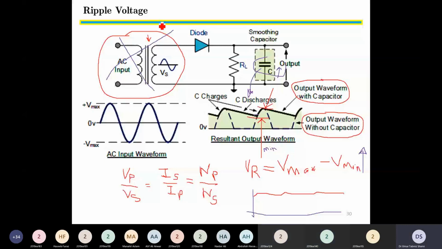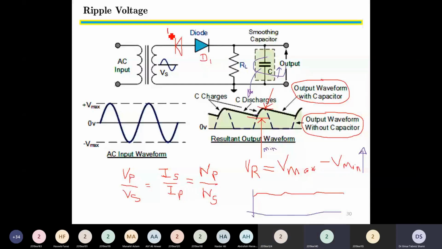Well, okay, let me draw again. If we use an additional diode like this, you mean like this? Yes, sir. Let us say the original diode is called D1, so that everybody understands, and we have now added another diode called D2.